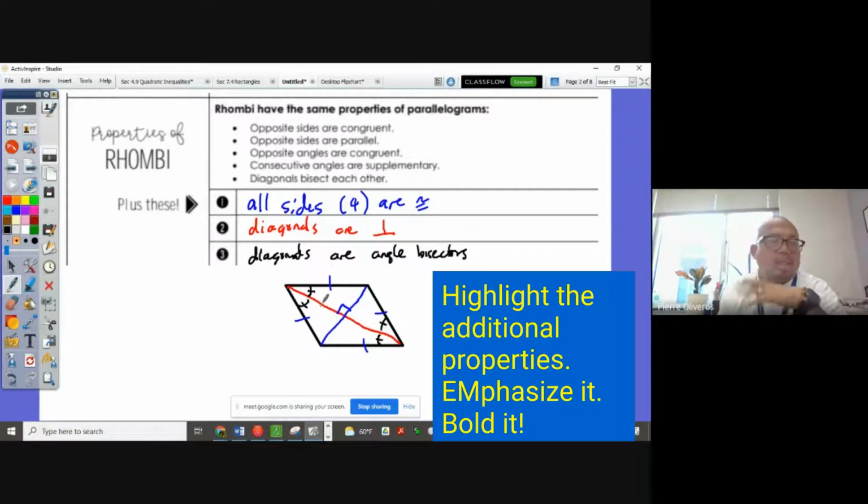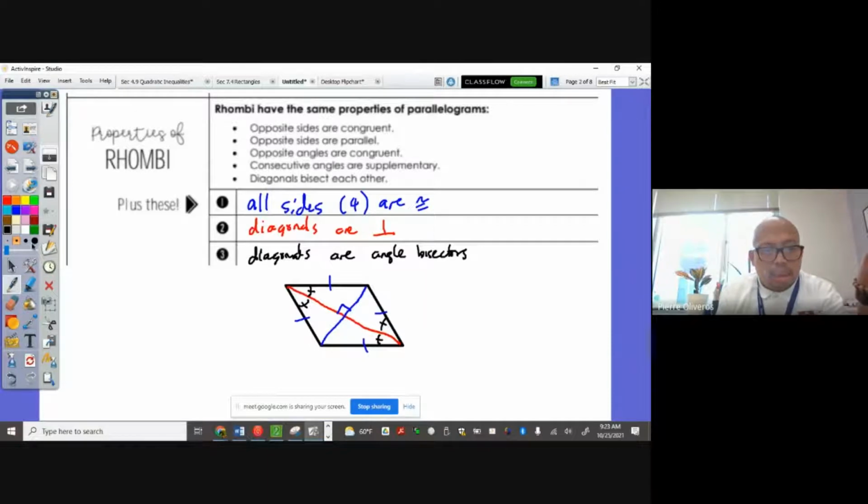All four of them have to be equal. Same thing with this blue diagonal here. It cuts the opposite angles to be congruent, and all four of them are equal. Interesting, right? And please don't forget that if the diagonals are perpendicular, this is 90. All of those four also have to be 90.